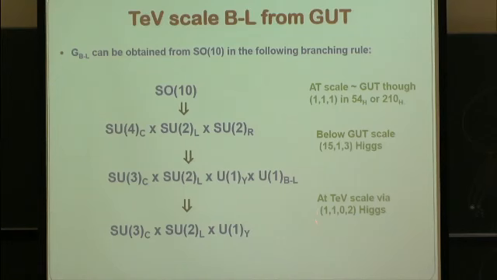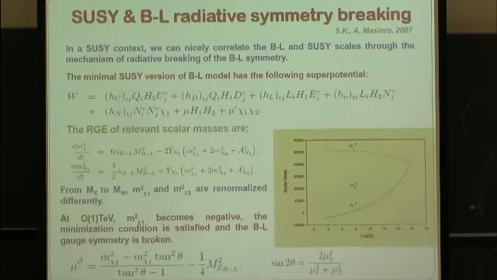And then you need a singlet (1,1,0,2) charged under this U(1) B-L by 2 units to break down to the standard model. And this is exactly what we considered in our model from a bottom-up approach.